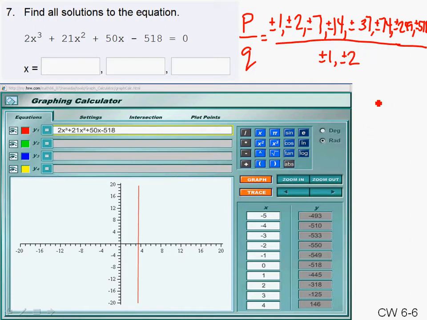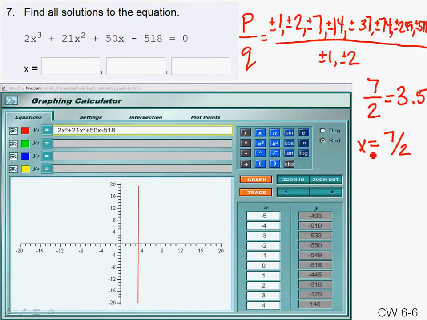If we take a look at our list, 7 over 2 would give us 3.5. So that is our one real root. This also indicates that we will have two additional solutions that will be non-real, or imaginary, roots.